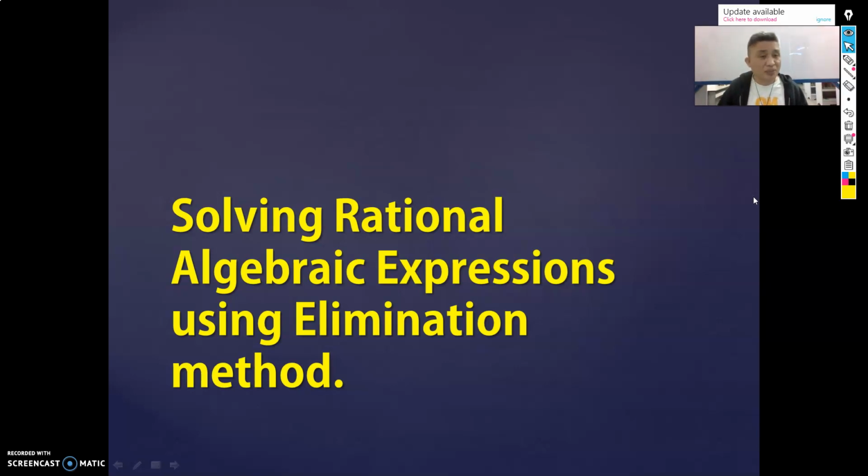It is very difficult to graph every day and make a Cartesian plane, etc. So, using an algebraic method, specifically the elimination method, we can get the solution or the intersection by solving.